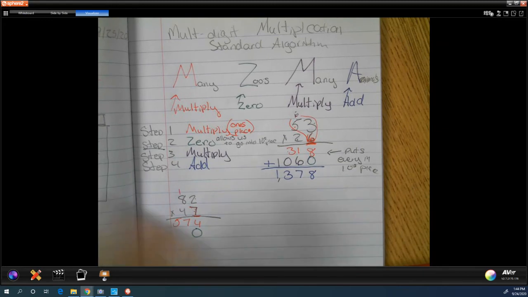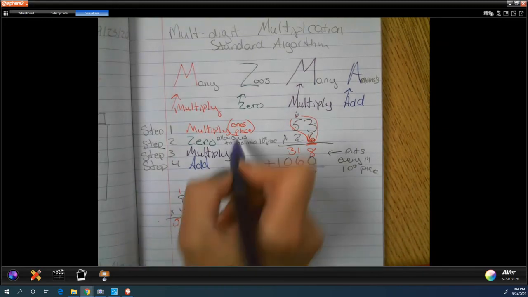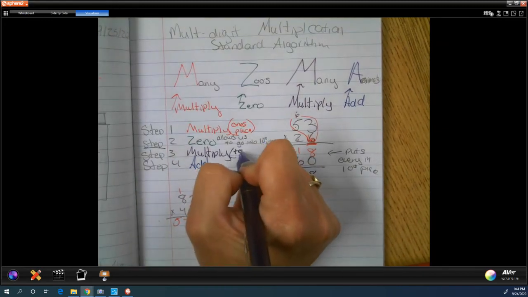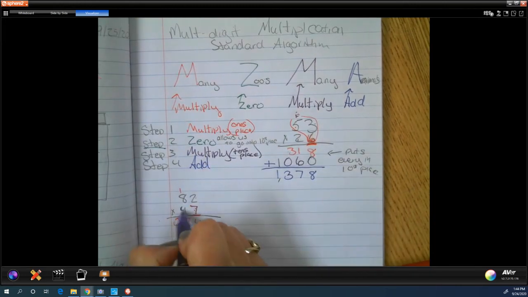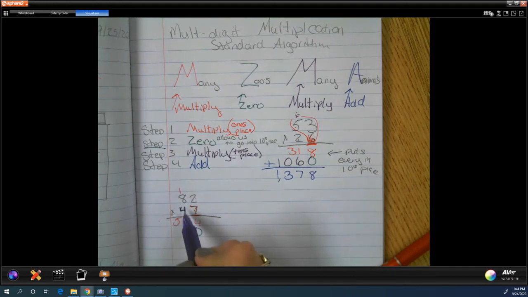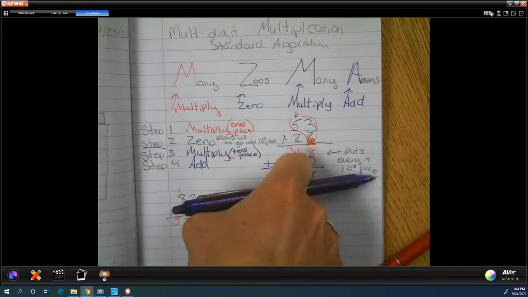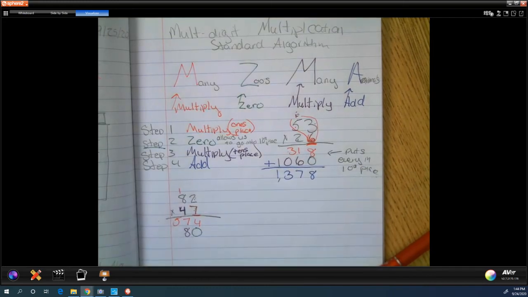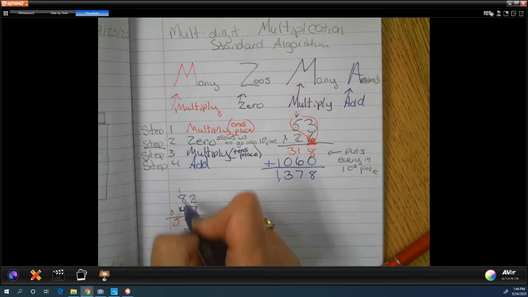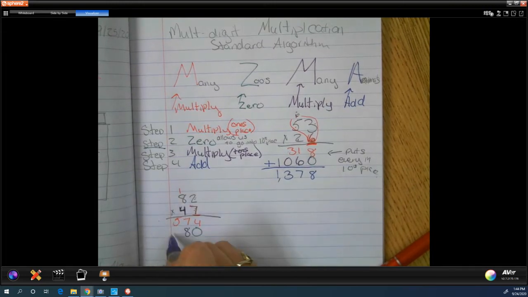Step 3, multiply the tens place. So that would be this 4 right here. So I've got 4 times 2 is 8, when in actuality, it was 40 times 2, so it's 80. That's why I automatically added that 0 there. And then 4 times 8 is 32.